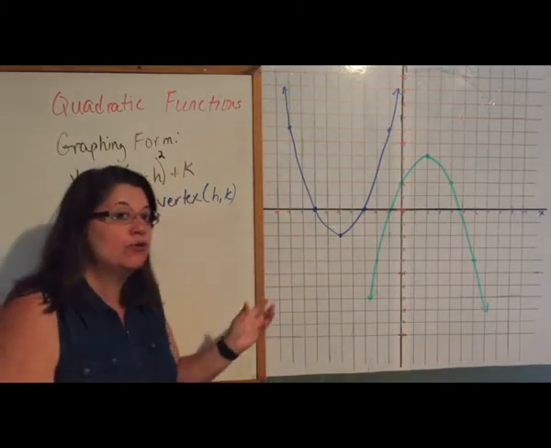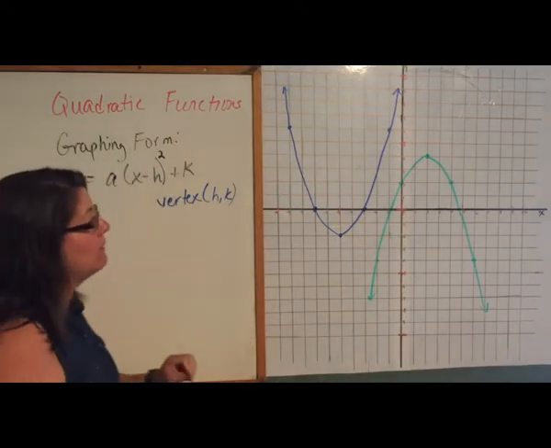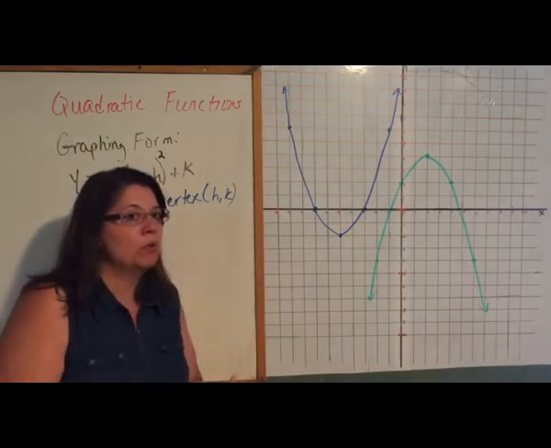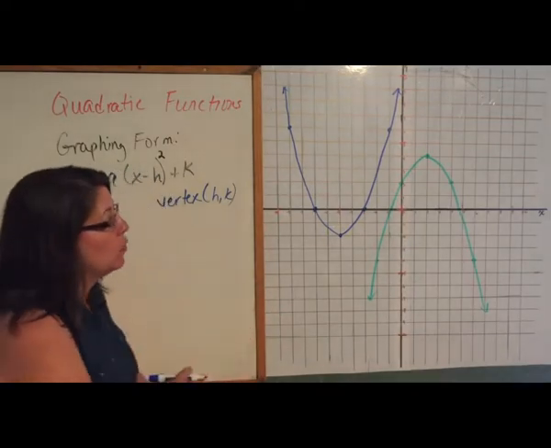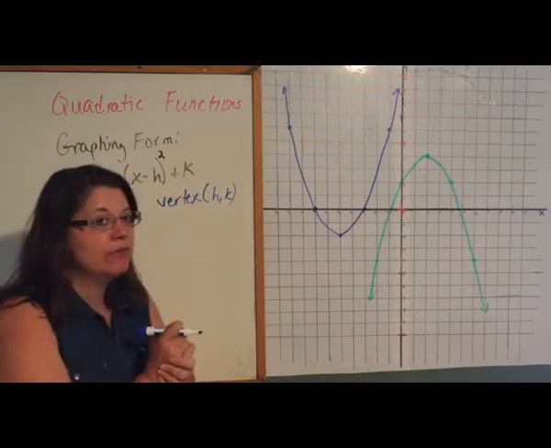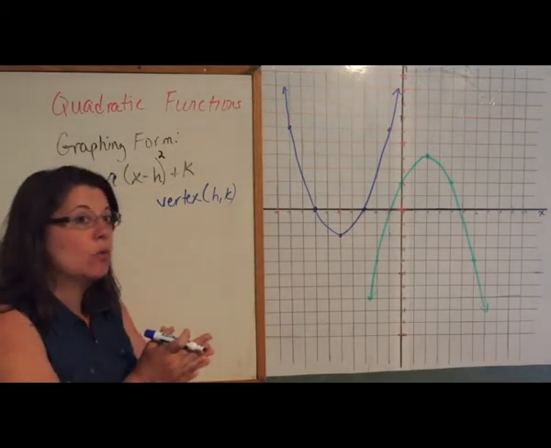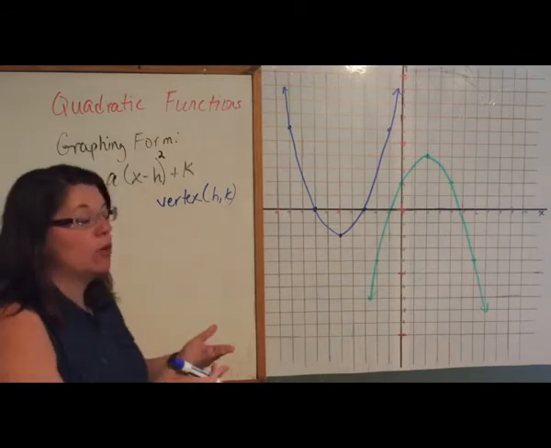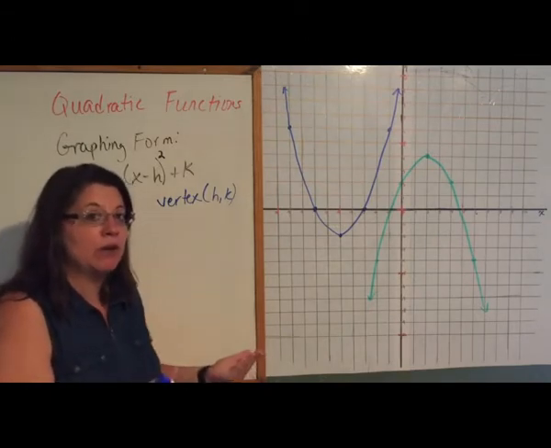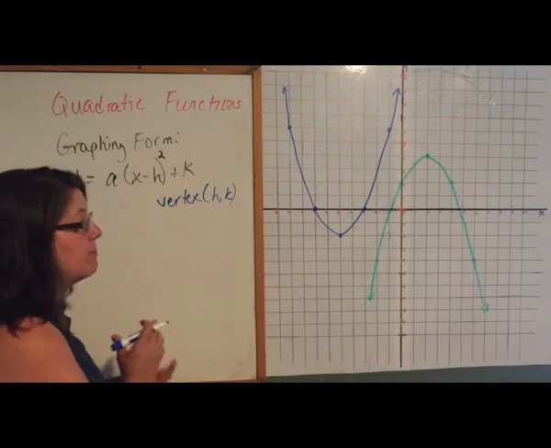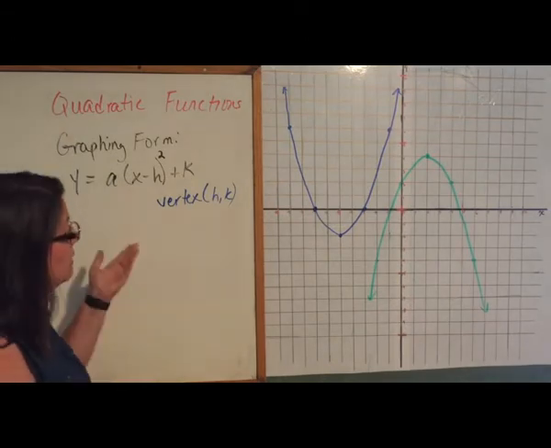And then in order to find a, really all we have to do is kind of do what we were doing with slope-intercept form. We pick an ordered pair that is on the graph and plug that ordered pair in for x and y, and that will leave us with the only variable being a, and we'll be able to figure out what a is and then plug it back in to the graphing formula.